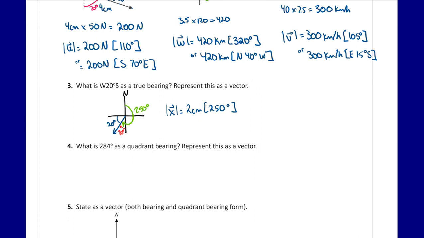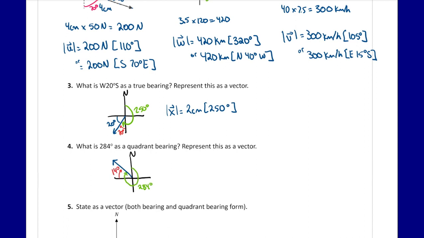What is 284 degrees as a quadrant bearing, and represent it as a vector? Again, I'm just going to roughly draw a compass diagram. So north, 284. That means I am going full round: 90, 180, 270, then I hit my mark, 284 degrees. West would have been 270, so this is 14 degrees.